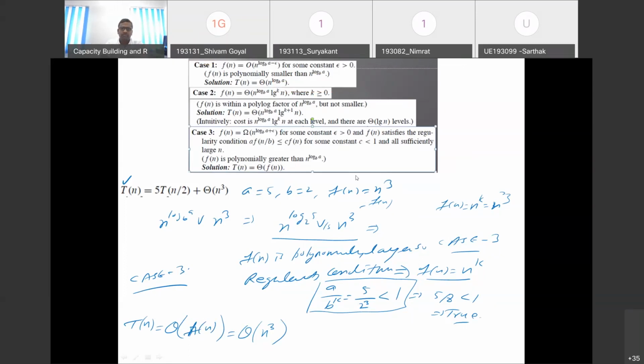Now move forward. The next question to solve is that T of n is equal to 27 T of n upon 3 plus theta of n cube upon log n. So just try to follow the procedure for Master's theorem, which says that a is equal to 27, b is equal to 3, and your f of n is equal to n cube upon log of n.